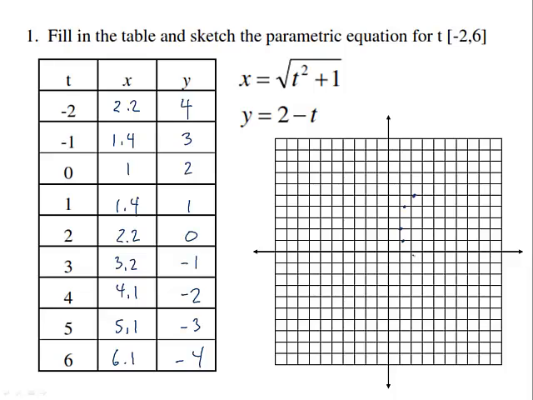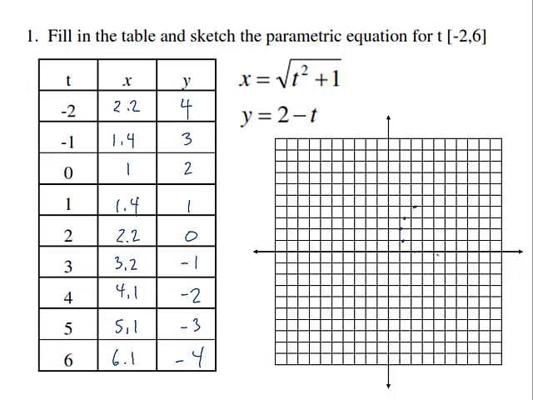This is 2.2, 0. So, whoa. 3, 2, 5. Ooh, these two are too high. Sorry about that. Eraser. Let's get rid of those two. All right.